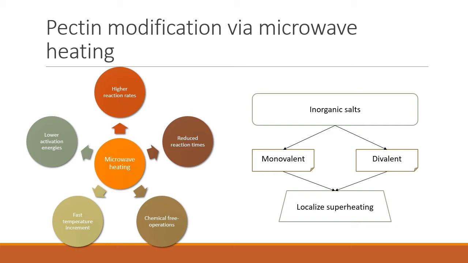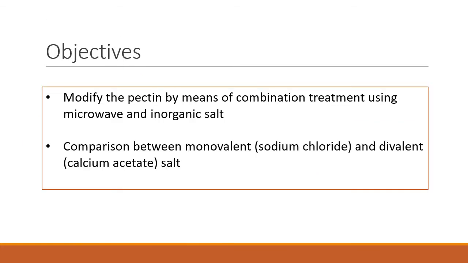From previous studies, polymer modification by microwave is commonly assisted by inorganic salts, either monovalent or divalent, which produce localized superheating action to the polymer. The objective of this study first is to modify the pectin by means of combination treatment using microwave and inorganic salts. Secondly, comparison was made between sodium chloride and calcium acetate for the localized superheating action towards pectin.